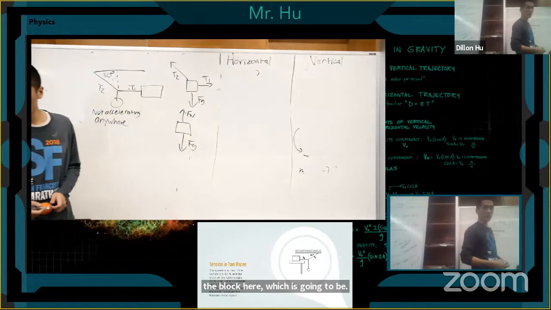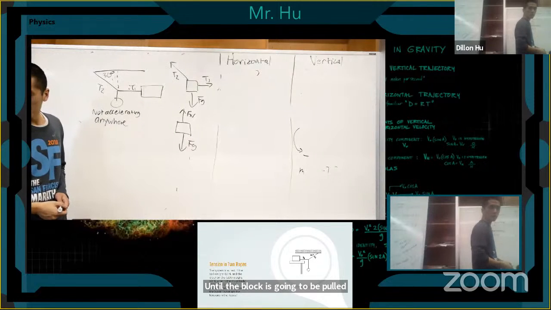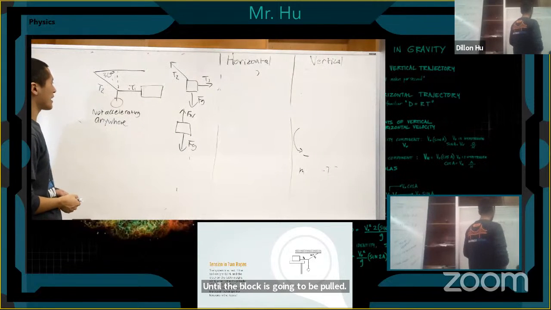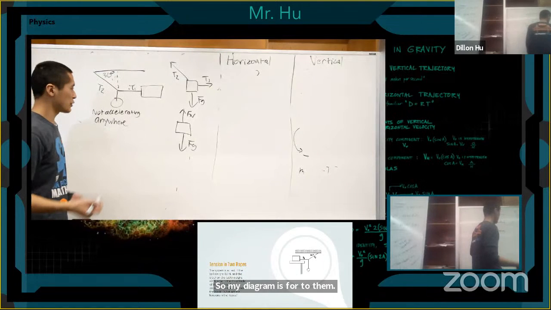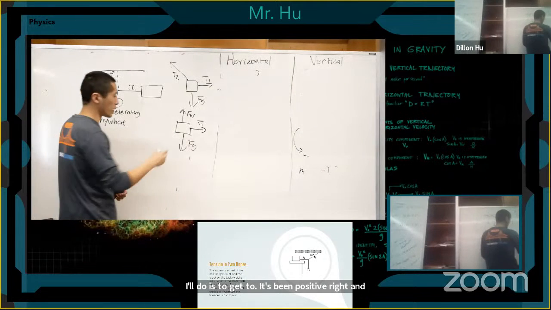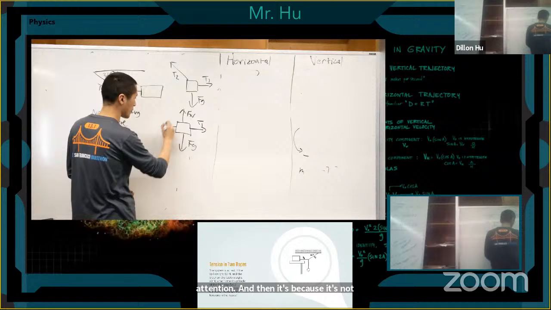It's being pulled to the right with tension, but because it's not moving, you have a frictional force resisting.